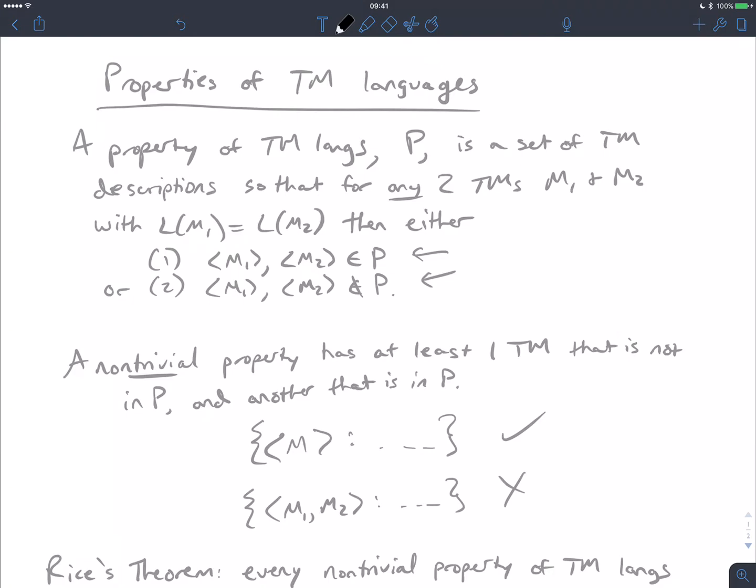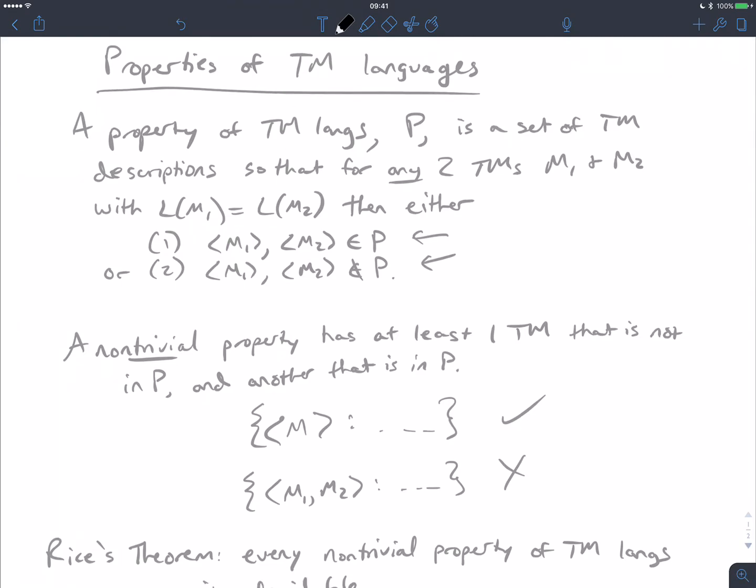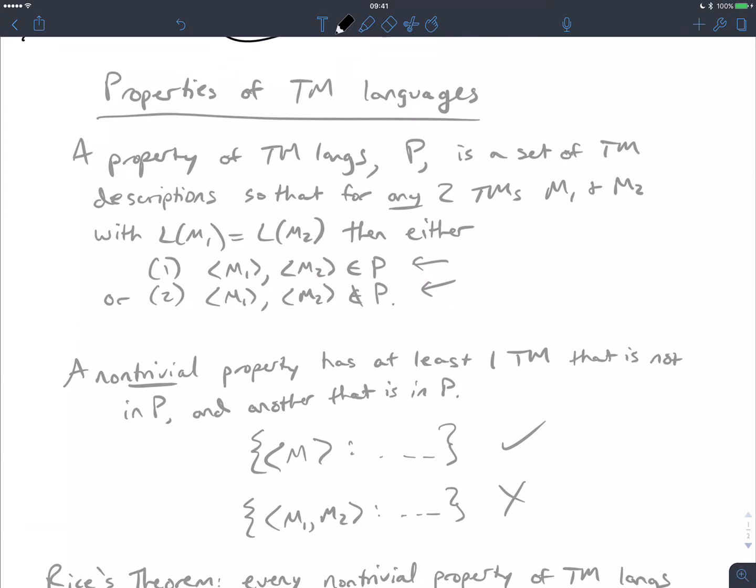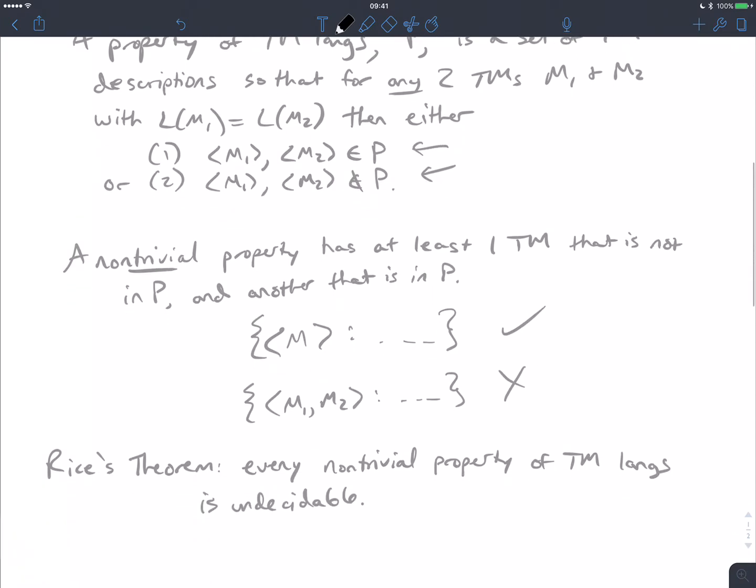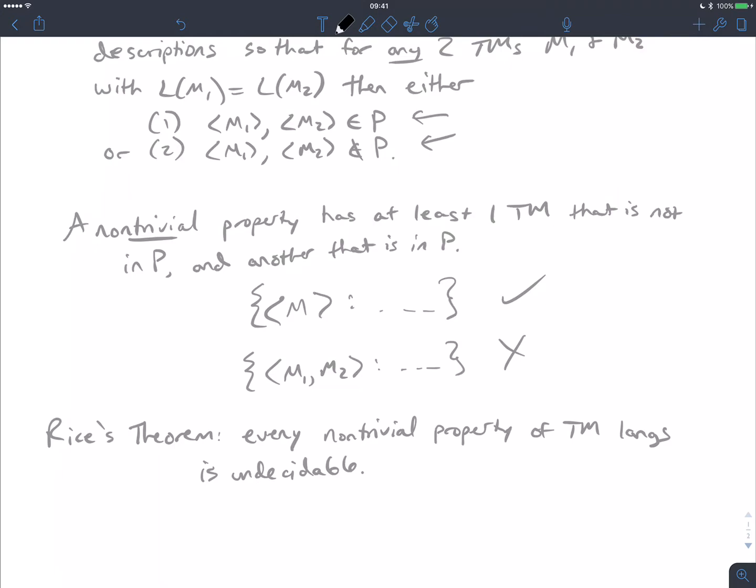In other words, you're in the language P or you're not in the language P. So we define it to say, if you have equal language for any 2 Turing machines, either they both have the property or neither do. Like emptiness, for example, either you're both empty or both not empty, for sure. So that's a property of Turing machine languages.